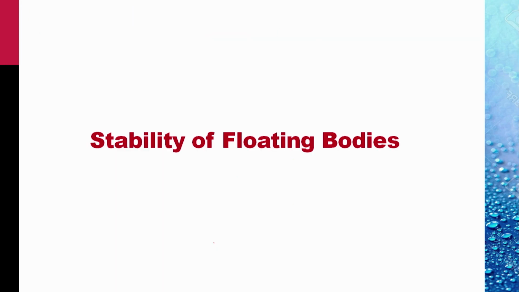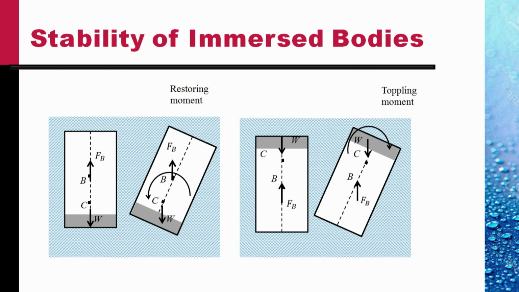Let us next consider the stability of floating bodies. Let us consider a fully immersed body and it's floating. So the buoyancy force must be equal to the weight of the body.